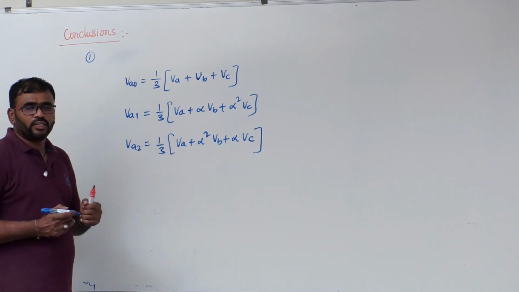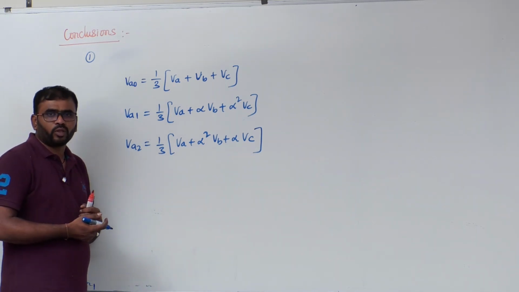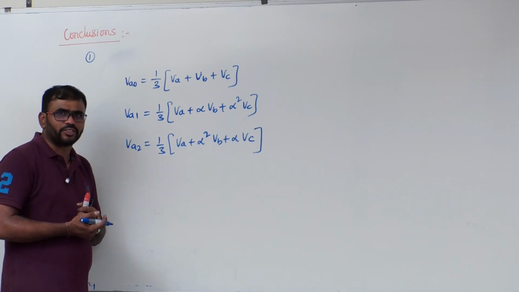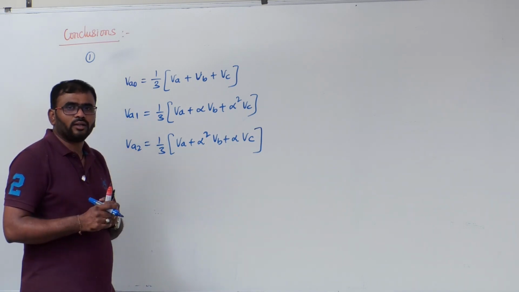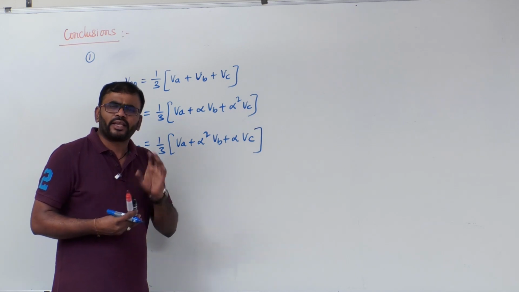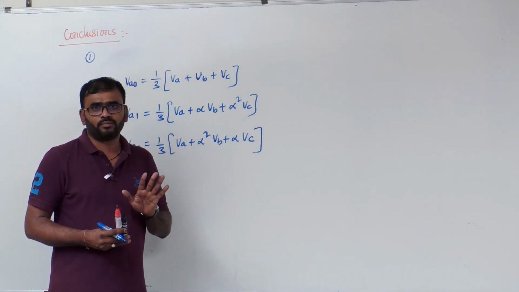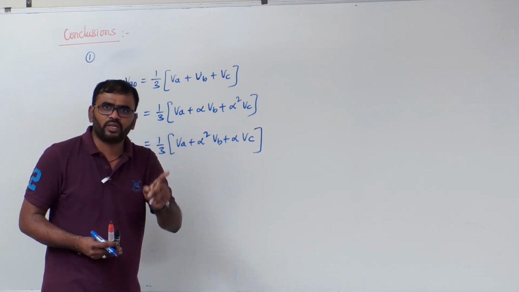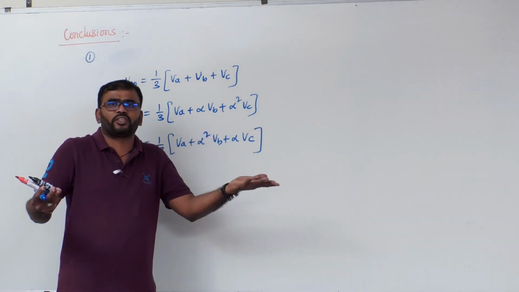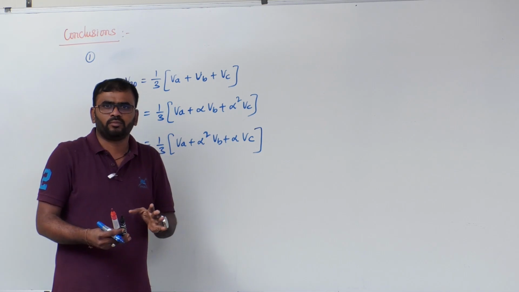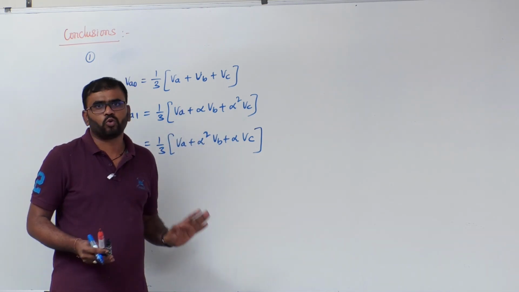Now we will write some conclusions here. The first conclusion is, for a balanced system only positive sequence components will exist. But one more thing here: a balanced system by default is ABC sequence or ACB sequence? Sir, ABC. If it is mentioned ACB, you have to follow that. If it is not mentioned, by default our system is ABC sequence only.